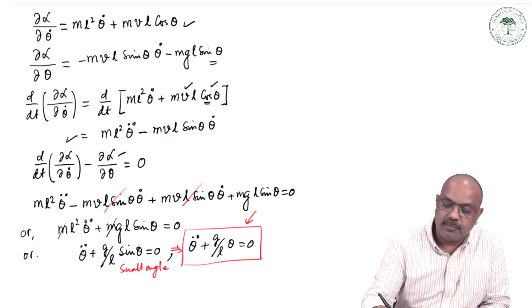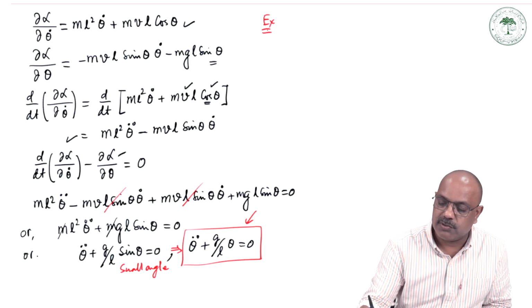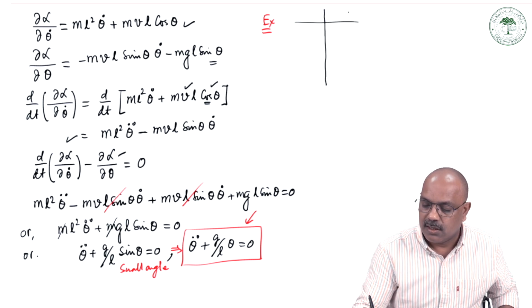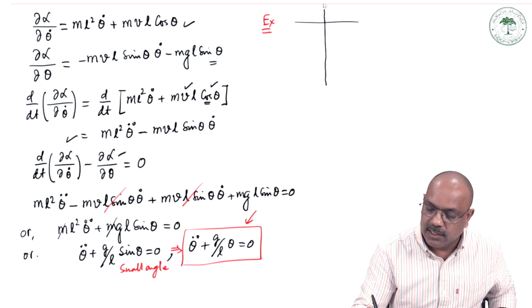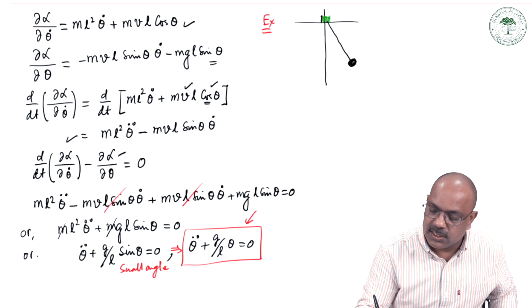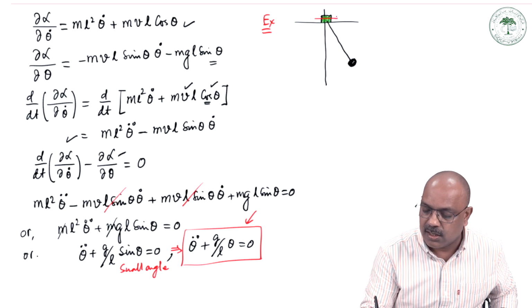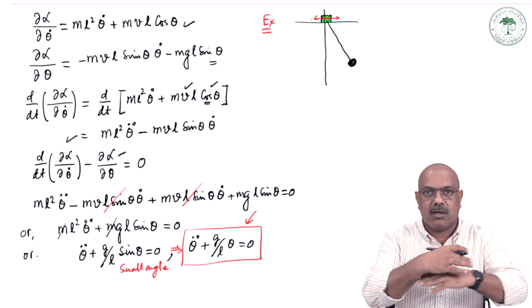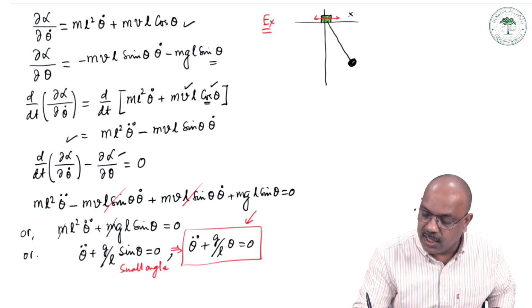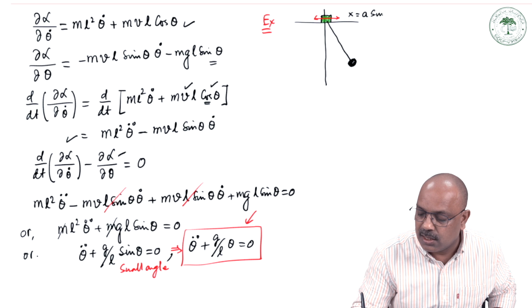In this problem, say I have a situation like this, where I have this attachment, which is the attachment of the pendulum. This is the pendulum, the attachment of the pendulum, and this attachment is doing a simple harmonic motion, which is given by x equal to, say, a sin ωt.